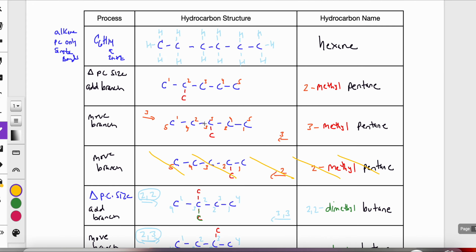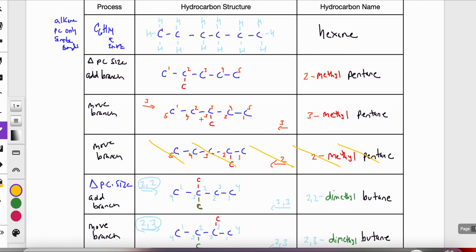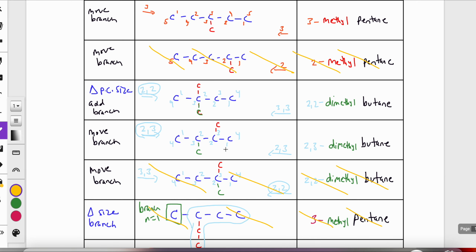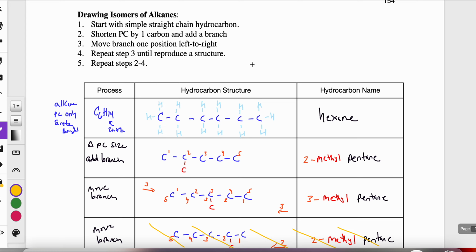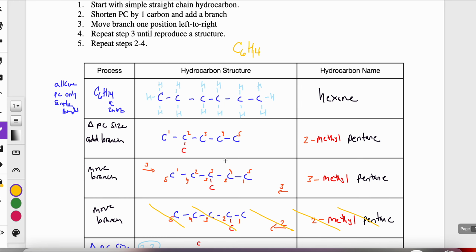So in all, we were able to draw for this molecular formula 1, 2, 3, 4, 5. So we were able to draw 5 isomers. So C6H14, we were able to draw, what was it, 5 total, right? 5 isomers.